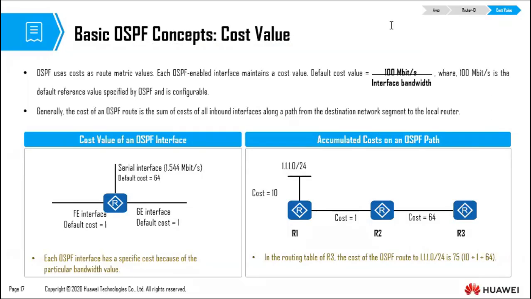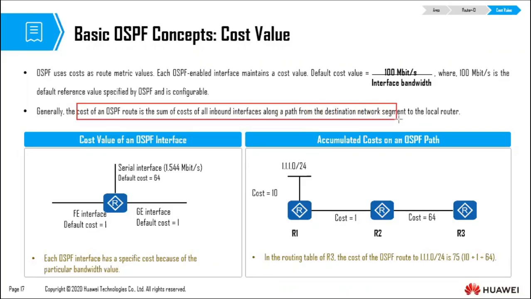Okay, so let me just clear this, then come back to this: the cost of an OSPF route is the sum of all the inbound interfaces along a path from the destination network segment to the local router. So that's how we do that. The cost value of an OSPF interface, we've already seen how to calculate it.